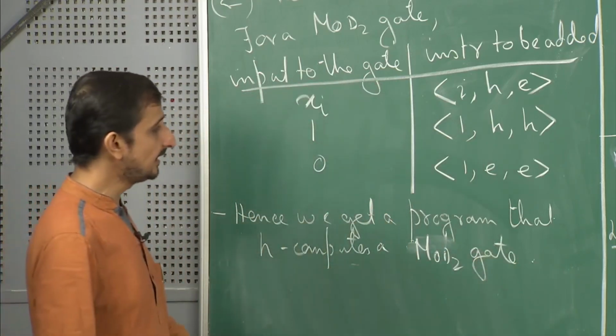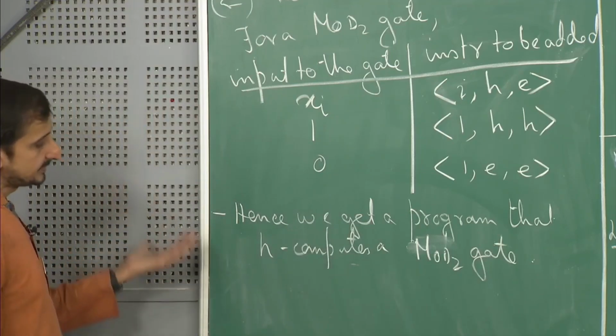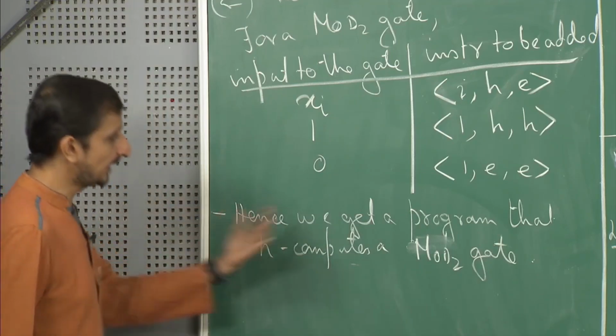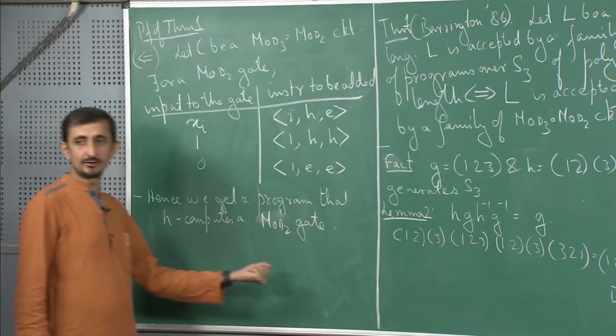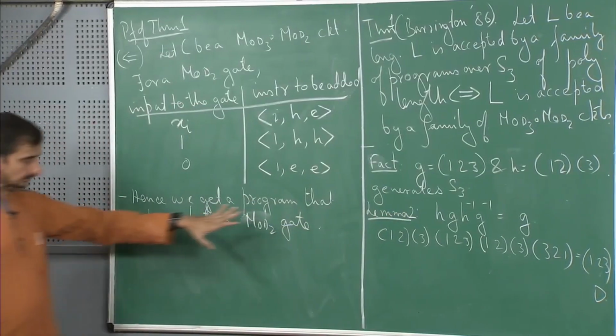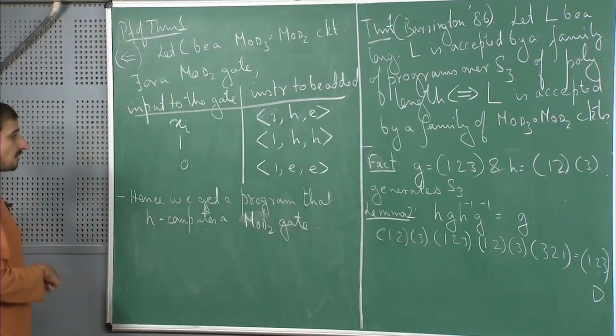So, now what we will do is that I want to get a program that would also compute a mod 3 gate. How can I do that? So, now I will apply lemma 2.